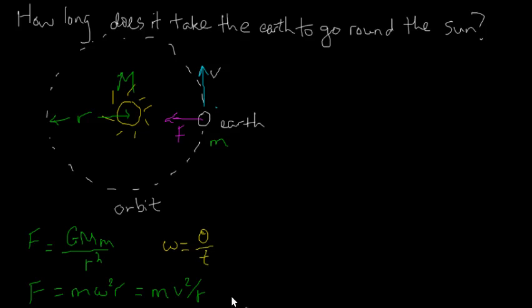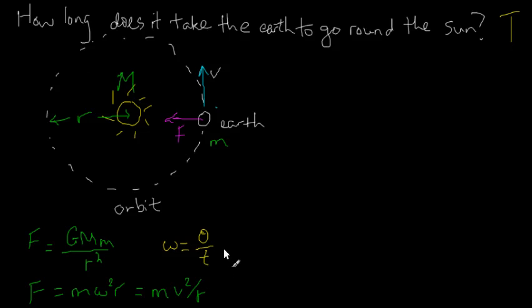Okay. And we're interested in the time it takes for the Earth to go around the Sun, which is one full circle. So let's say that time is t. We also call this the period of revolution of the Earth.